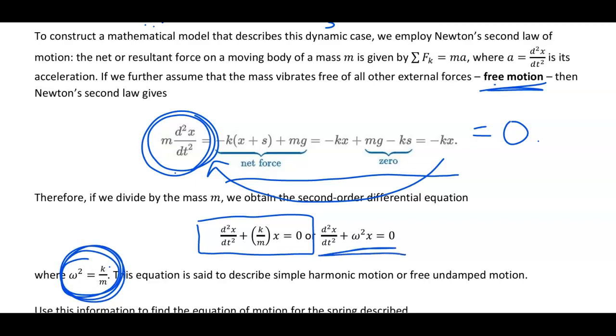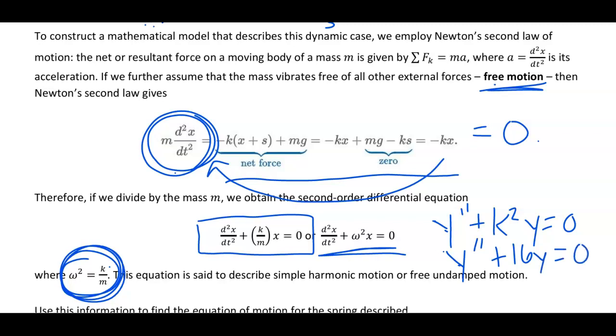And so this is going to be a second order differential equation written in linear form. And notice it's a lot like when we've done problems like y double prime plus 16y equals 0, which gave us sines and cosines. That should make some connections here.